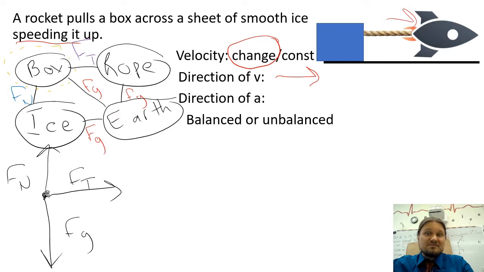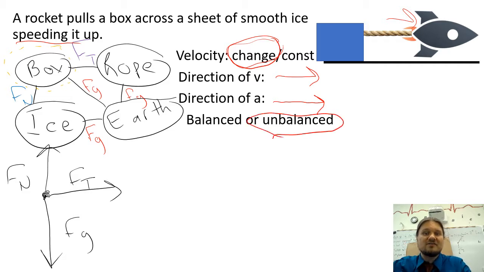Since the object is speeding up, acceleration goes with the velocity. It's helping the velocity out, so acceleration points in the same direction as the velocity. And because the velocity is changing, the forces have to be unbalanced.